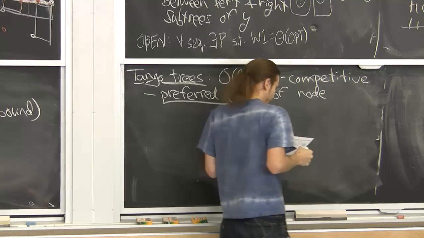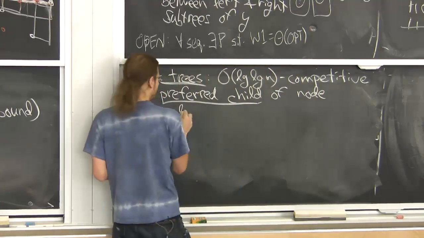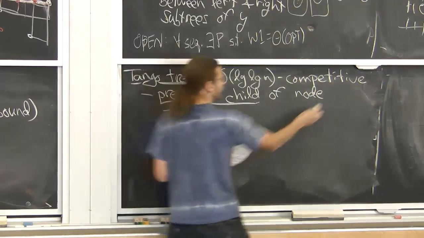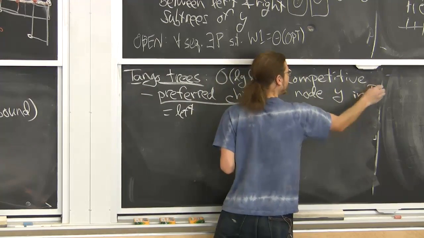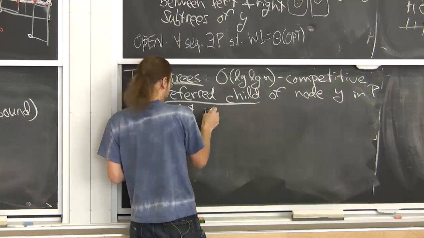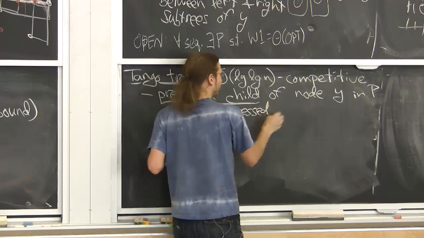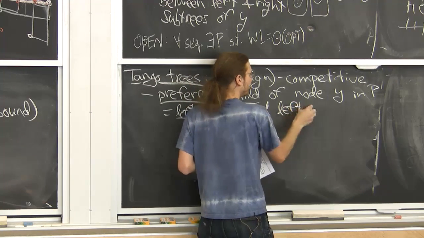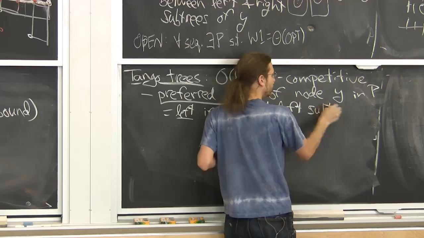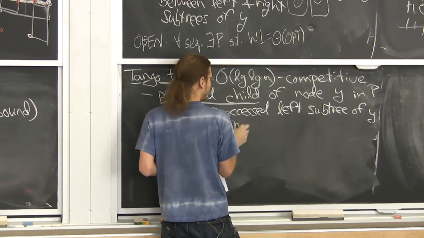I'm going to say the preferred child is left, let's see, for node Y in P, if we accessed some node in the left subtree of Y most recently.